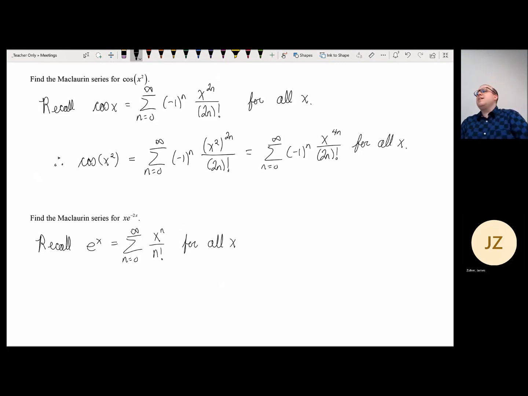It's the series x to the n over n factorial, valid for all x.